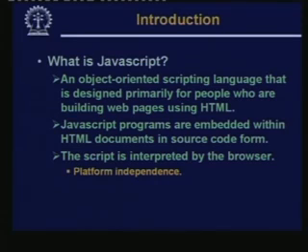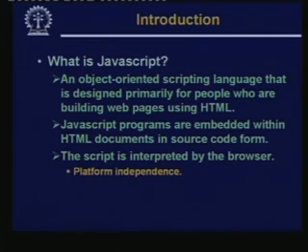JavaScript is an object oriented scripting language, and as I said, it has been designed primarily for the purpose of building web pages. As you know, HTML is the primary technology through which we develop our pages. JavaScript can be considered some kind of a supplement. We can use JavaScript along with HTML to create better web pages.